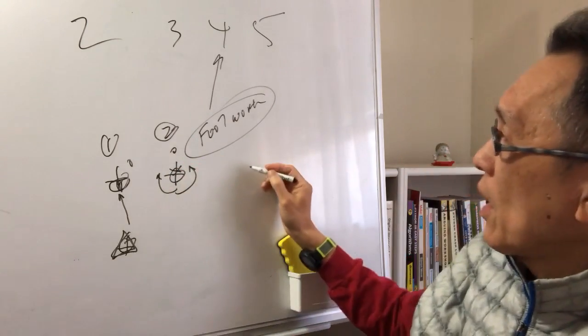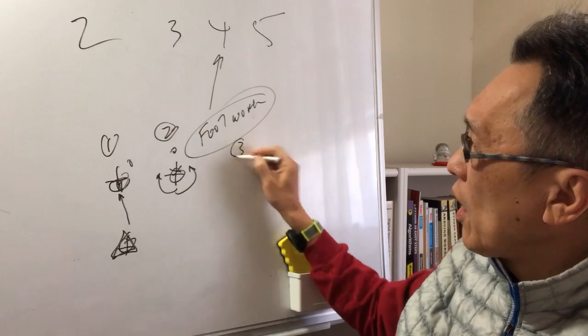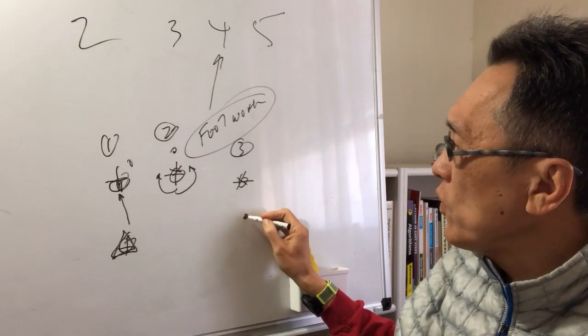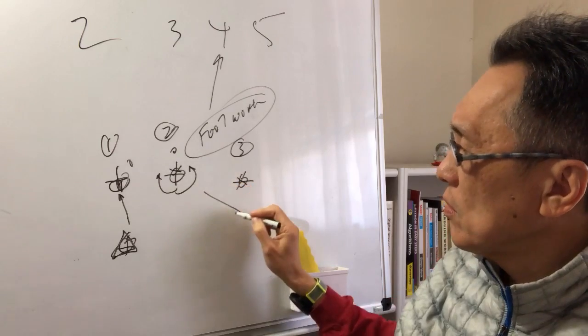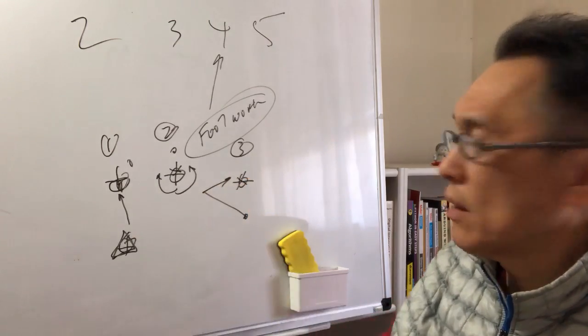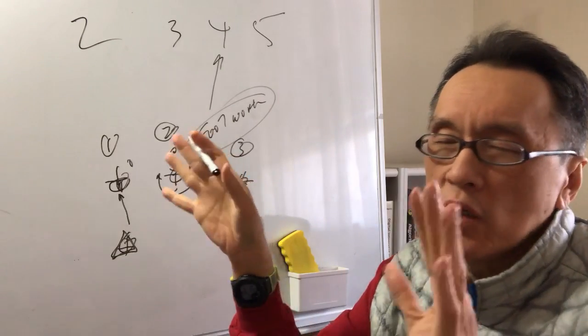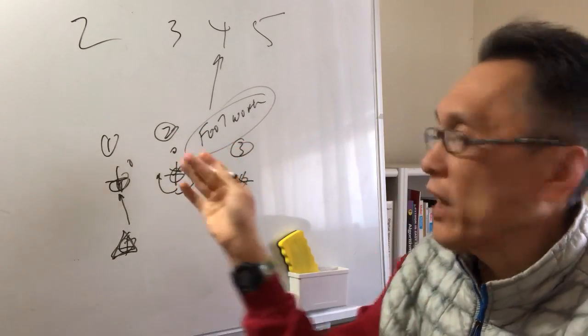The third type of footwork is to be able to get out and come back. Get off the range and come back, because sometimes you need to get off the range and come back.